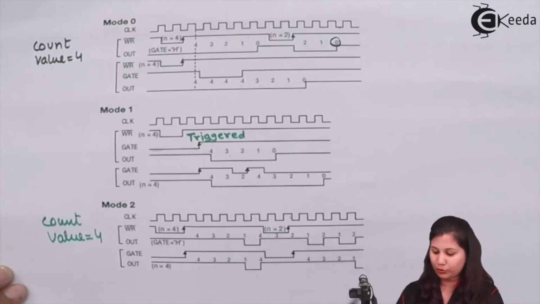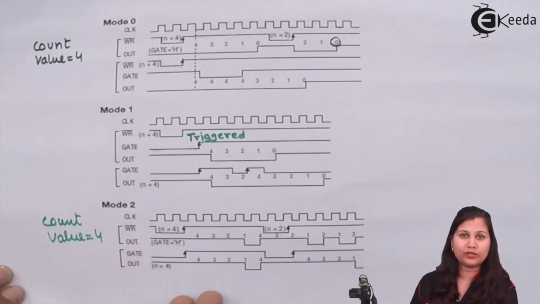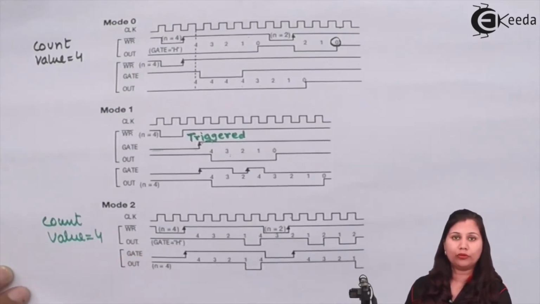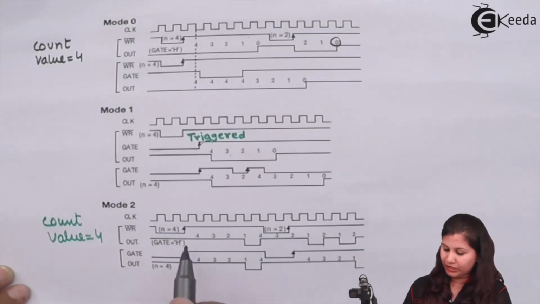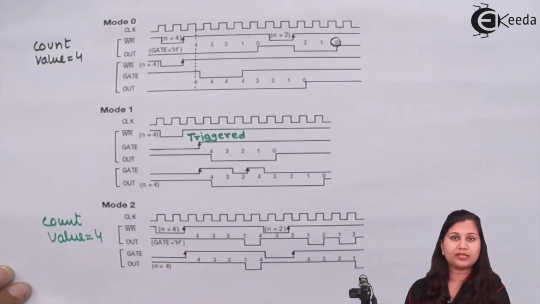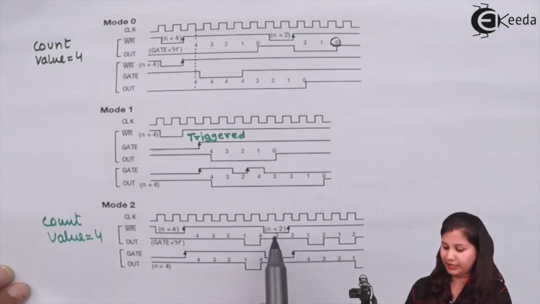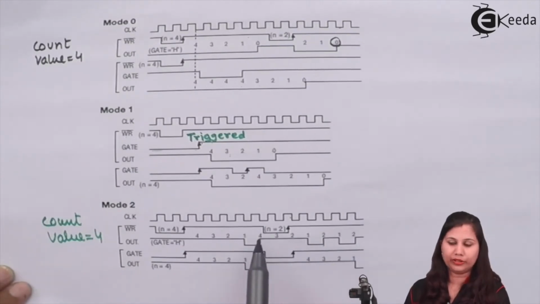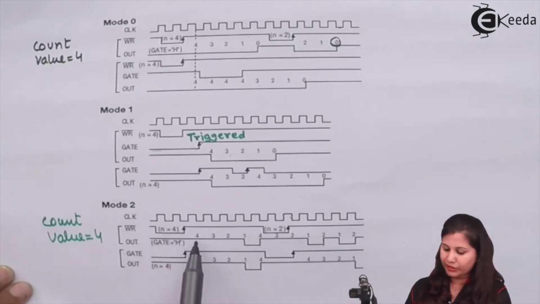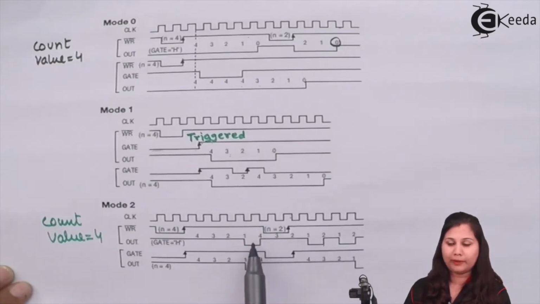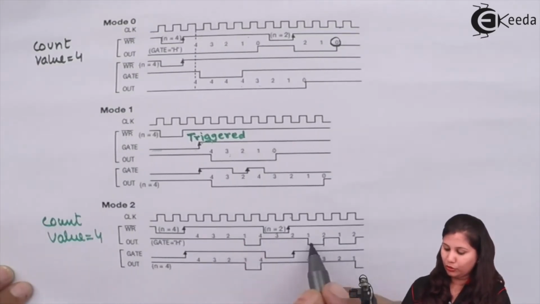So in this way the out signal will be generated in mode 2, and you can see that every time the process repeats itself until and unless the counter is reloaded. Okay, so here 4 was there, so 4 will be decremented until its value has become 1, and when it is 1, then for 1 clock pulse the out signal will go low.